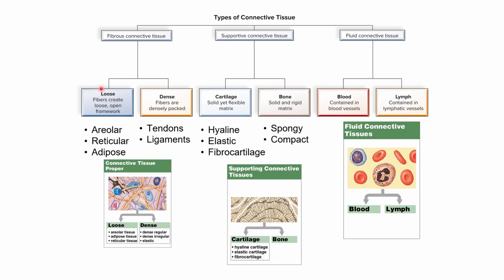Our loose fibrous connective tissues are going to create a very large open framework. We're thinking about things like our connective tissue proper, which is what we call our loose connective tissue. So we have our areolar connective tissue. The areolar connective tissue is the type of connective tissue that the body uses really more for like packaging material.